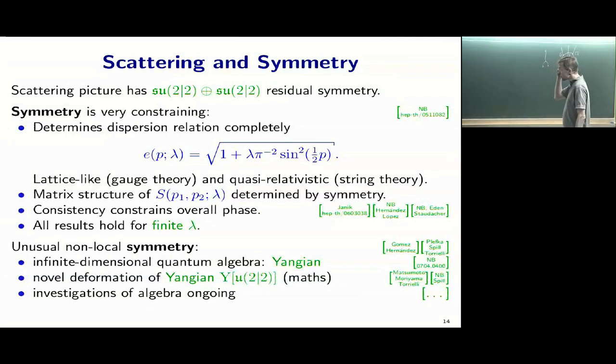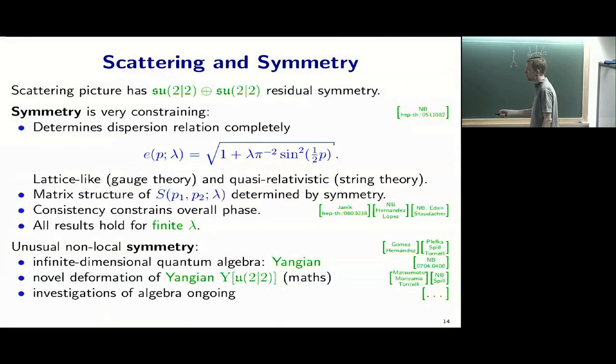But in fact, there is a much bigger symmetry behind this whole framework. It's a non-local symmetry. It's infinite dimensional. It's a quantum algebra. It's what you call a Yangian algebra. And you can show that this S matrix actually does obey this Yangian symmetry, and also higher particle S matrices obey Yangian symmetry.